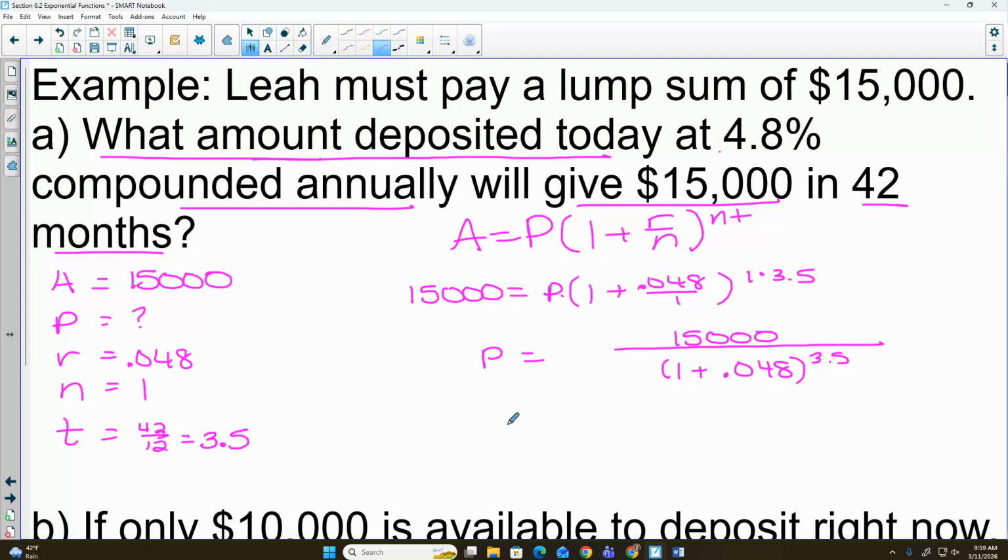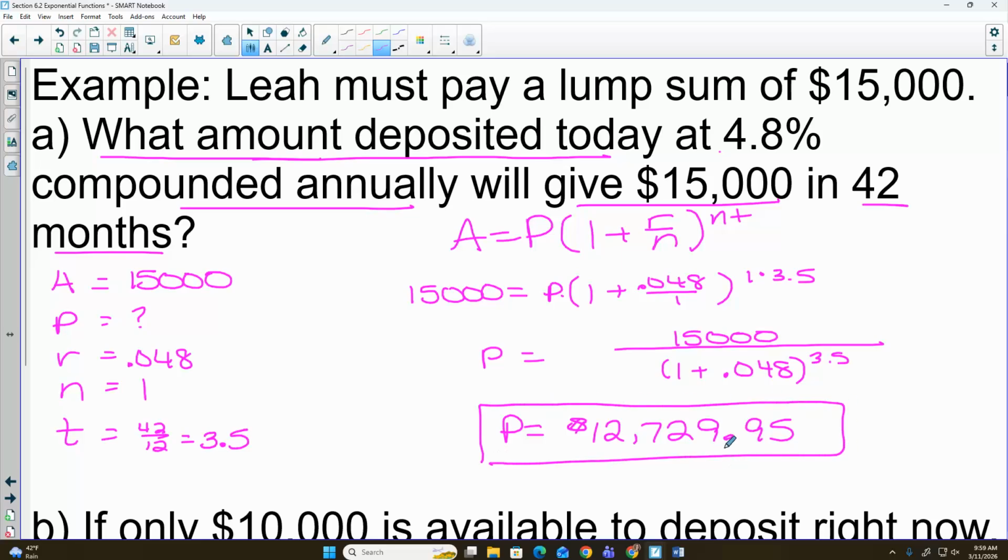P is, again, the principal, the dollar amount. So we should get $12,729.09. Does anyone need me to look at your calculator?